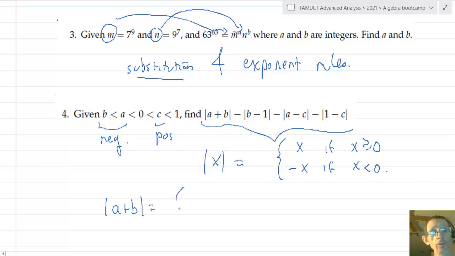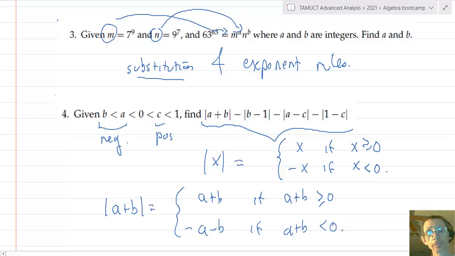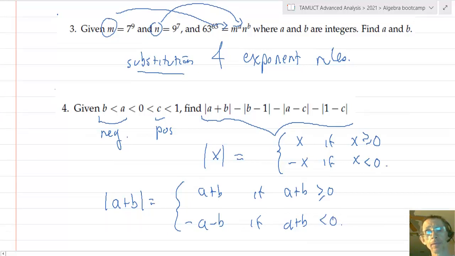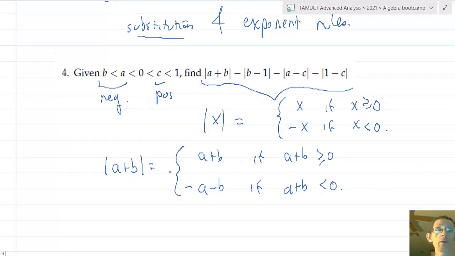That's equal to a plus b if a plus b is greater than 0, or greater than or equal to 0, and it's negative a minus b if a plus b is less than 0.